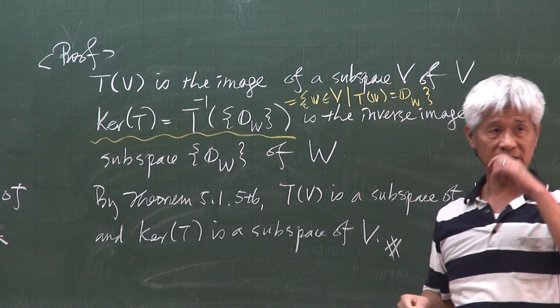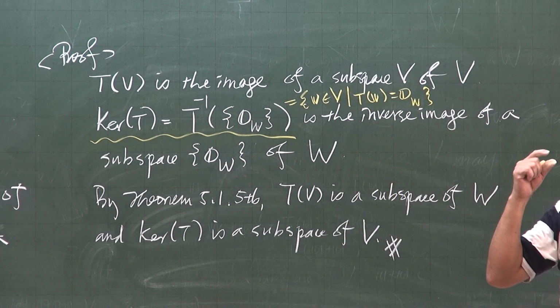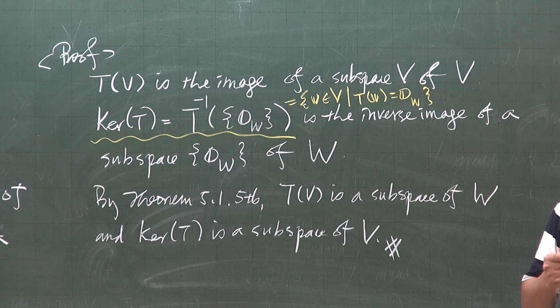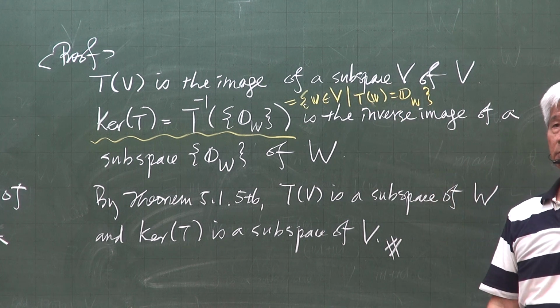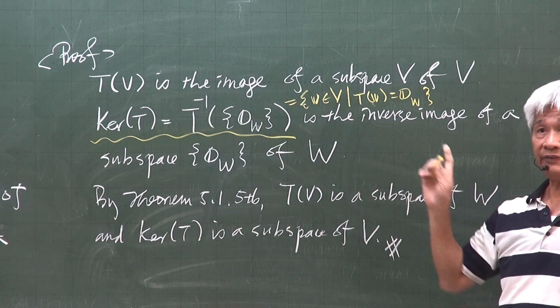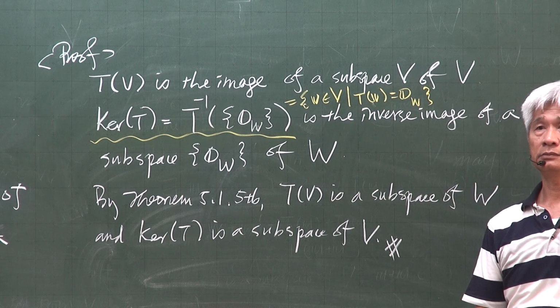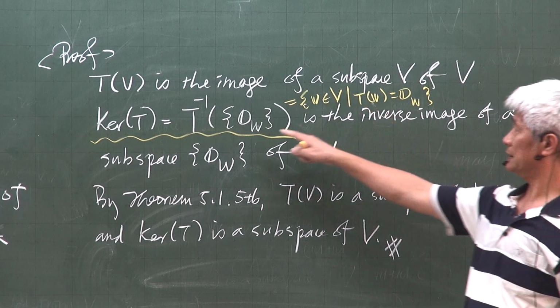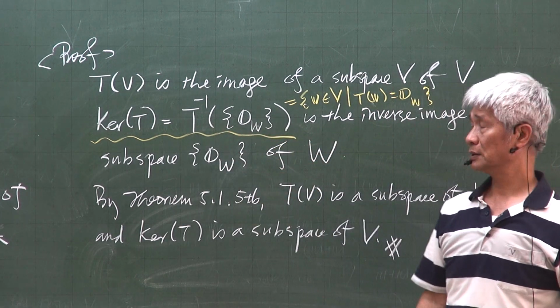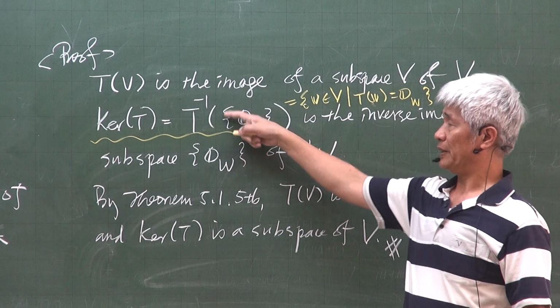Remember that the kernel is all the vectors in the domain such that its image, its value, is the zero vector of W. Alright, so that is the definition of kernel. And this is exactly the inverse image of this trivial subspace.